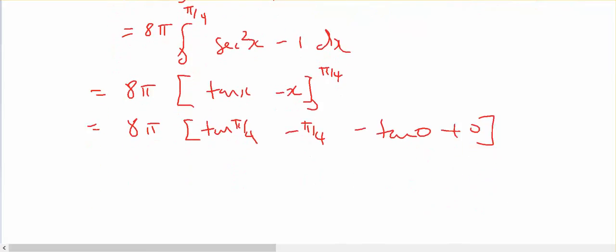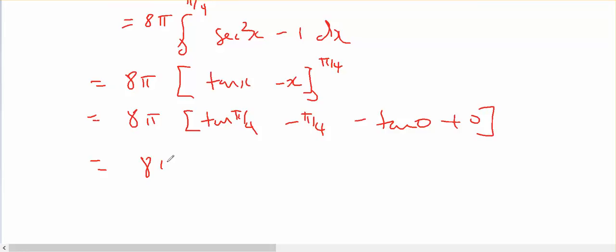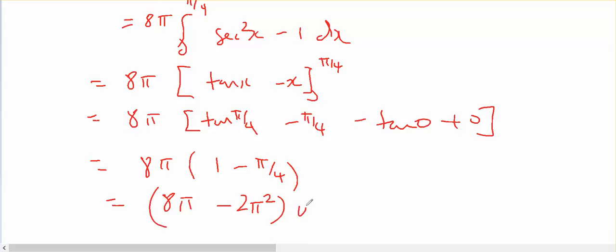Tan of 0 is 0, so we're at 8 pi times 1 minus pi on 4, which is 8 pi minus, 4 goes into 8 twice, 2 pi squared cubic units.